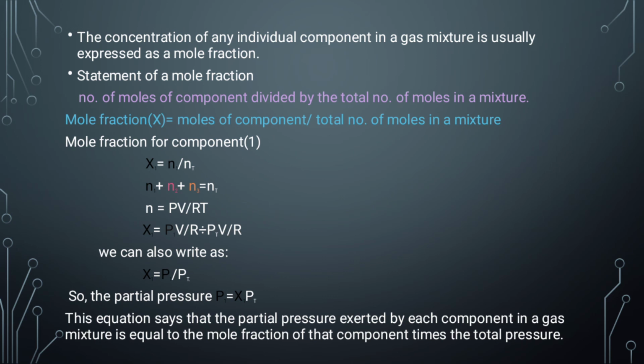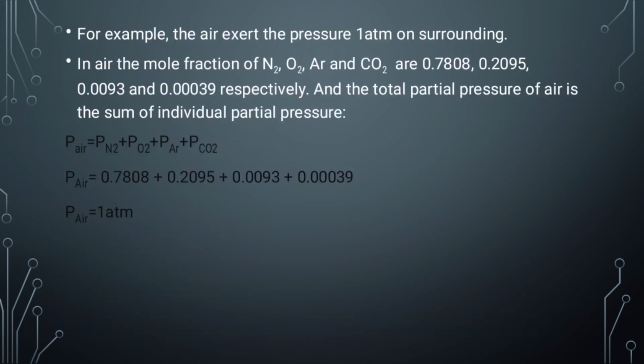So n = PV/RT, and we can also write X = P/PT. So the partial pressure P = X × PT.